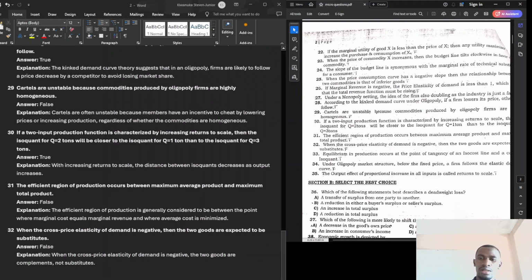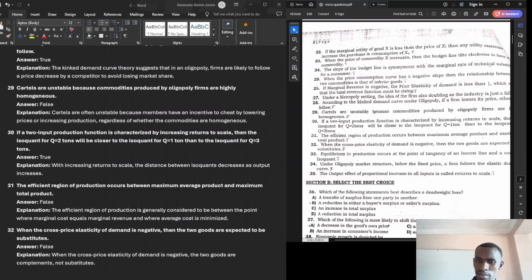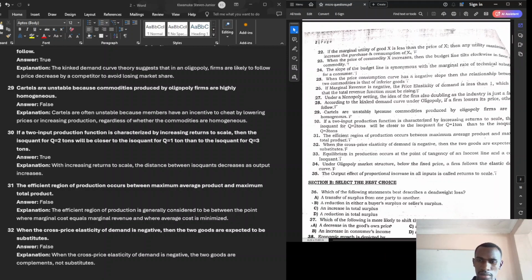Next, 31: the efficient region of production occurs between maximum average product and maximum total product. This is true.